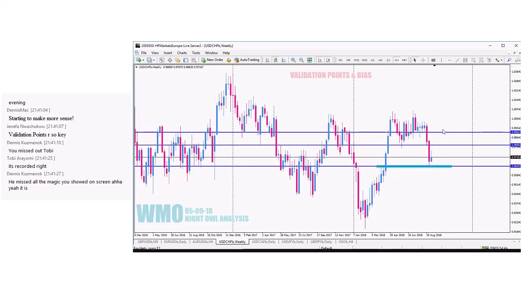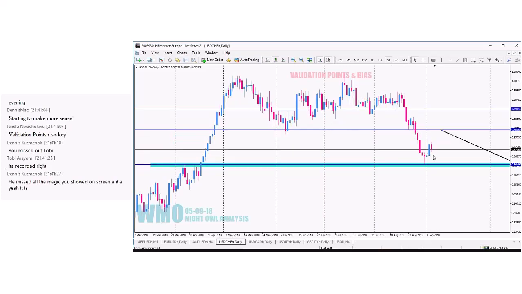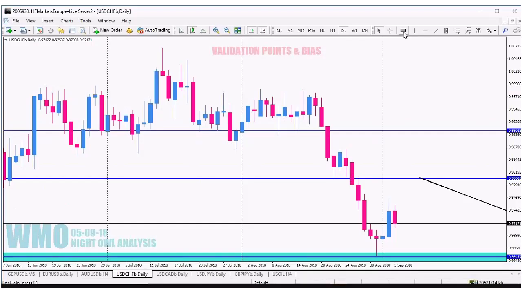So what I'll be willing to do, if it gives me an opportunity at this point for a short, then I'll take it. But I wouldn't just stop there. I go on the daily. Look at what has happened on the daily now. Look at where this is turning around. I got a validation point here. I took that trade, by the way. There's a validation point here.